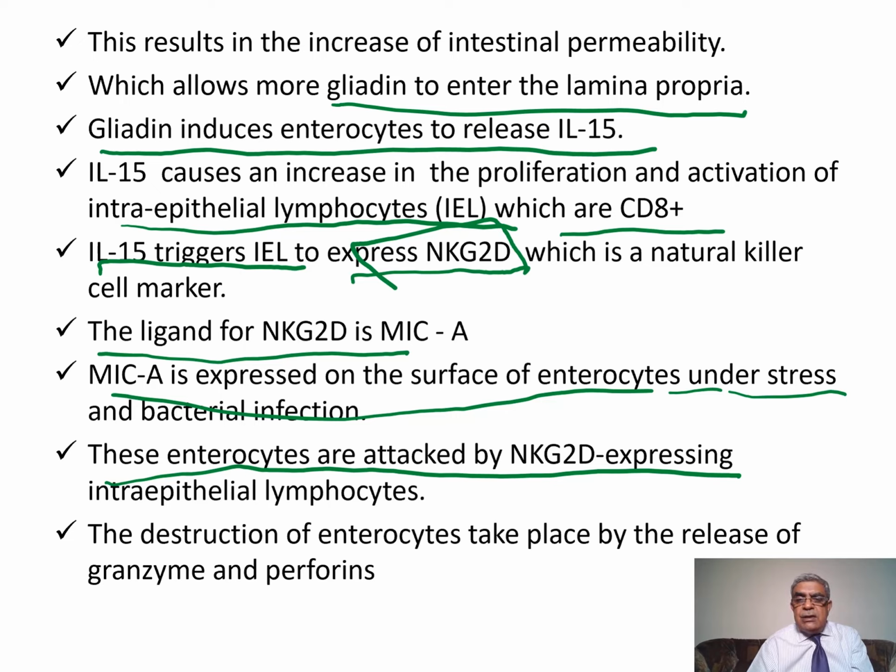Destruction of the enterocyte takes place. Once there is destruction of the enterocytes, more gliadin is coming and the cycle is repeating itself, and this destruction takes place by the release of granzyme and perforins.